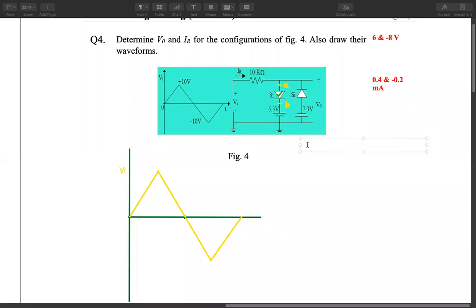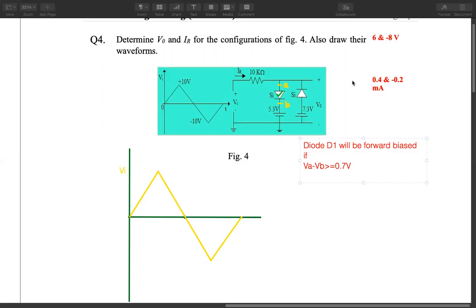Okay, so simply write that diode D1 will be forward bias if VA minus VB is greater than or equal to 0.7 volt.